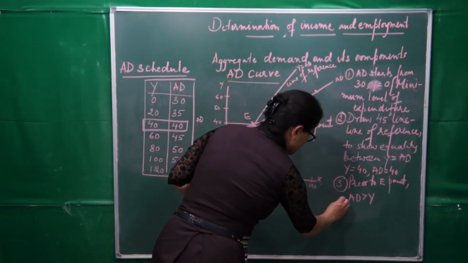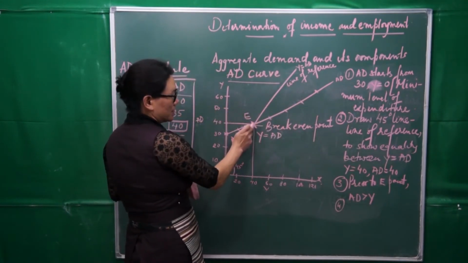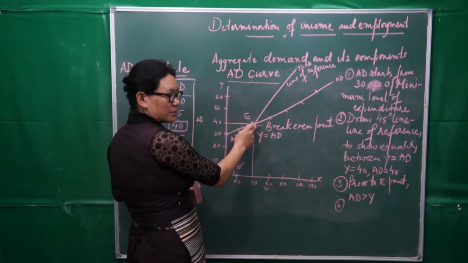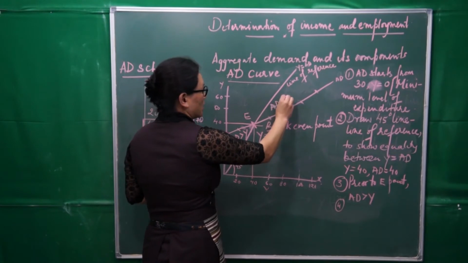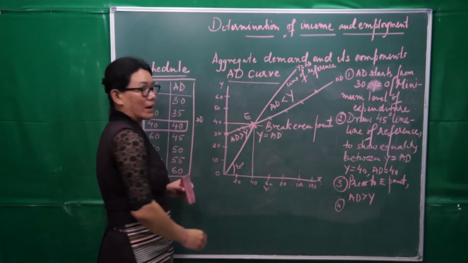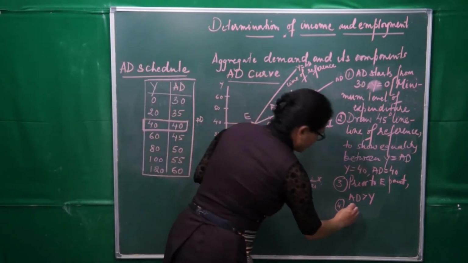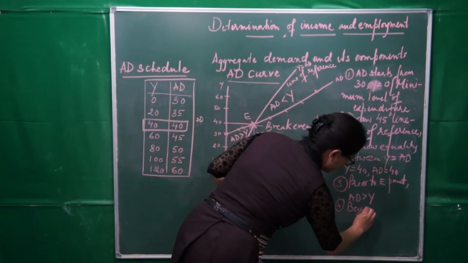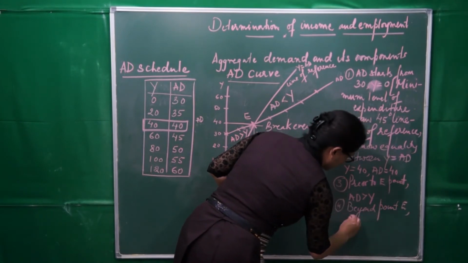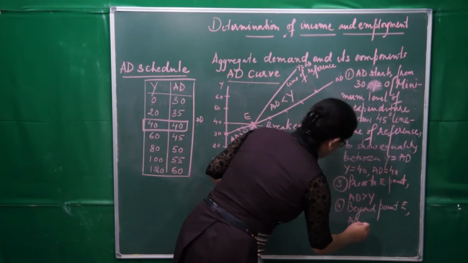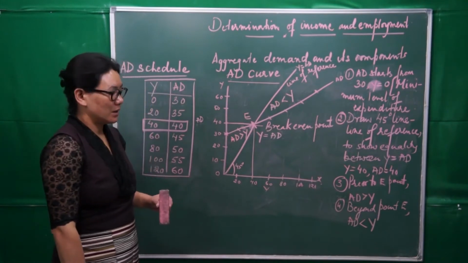Then fourth observation we have, after this or beyond this, what is happening here? At point E, it is equal, right? Now beyond this, AD becomes lesser than Y. Is that clear? Okay. So beyond point E, what is happening? AD lags behind income.